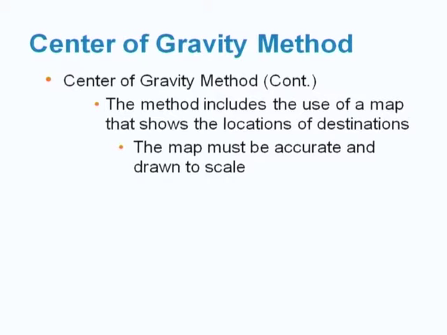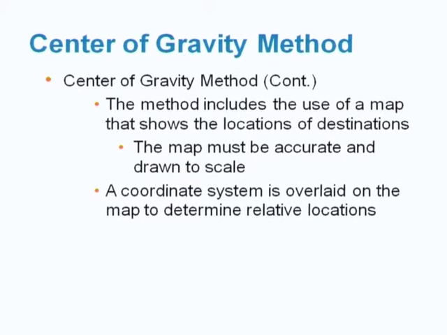The method includes the use of a map that shows the locations of destinations. The map must be accurate and drawn to scale. A coordinate system is overlaid on the map to determine relative locations.